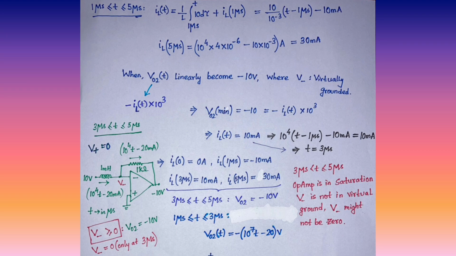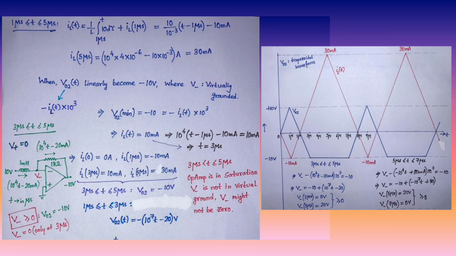At 1 microsecond to 5 microsecond, what is going to happen? My VO1, which is the input to the second op amp, is plus 10 volt. There is already an initial current at 1 microsecond, which is minus 10 milliampere. My inductor current is going to increase linearly, so my output is also going to change linearly, although there is a negative sign.